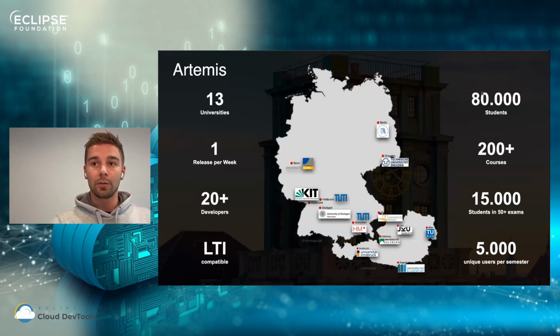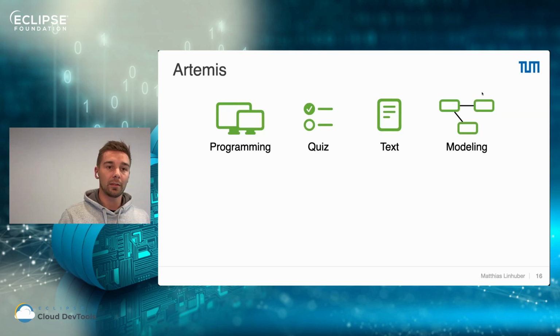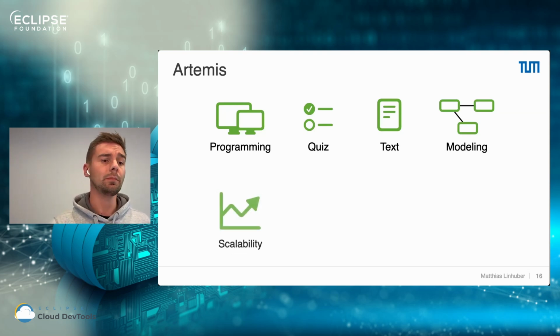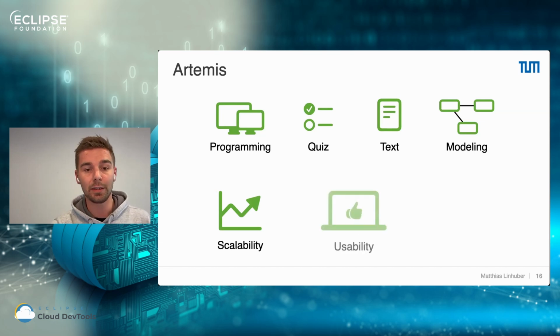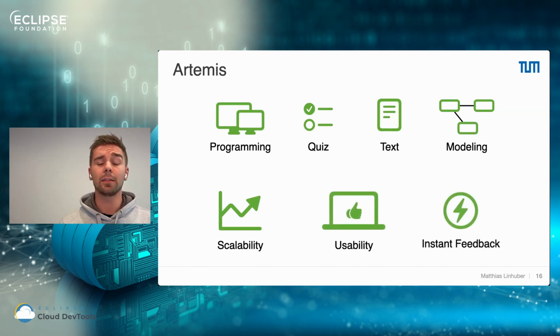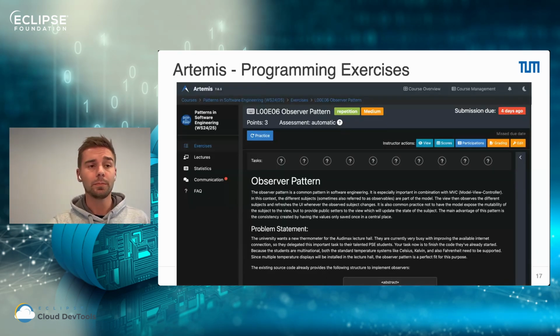So Artemis as a tool supports a few different exercises, so programming exercises, some quizzes, text, and also UML modeling. It is built for scalability with usability in mind, and the most important thing for us is the instant feedback. So for today, we only look at the programming part.